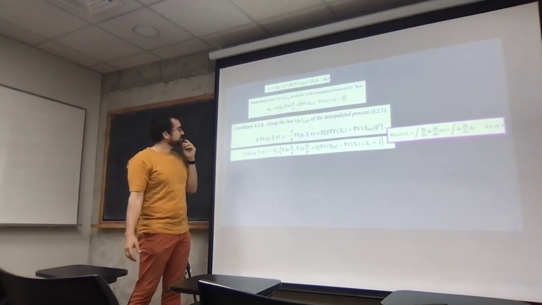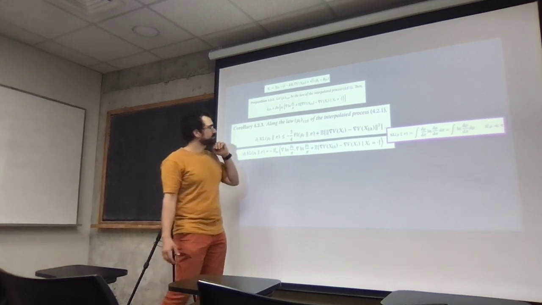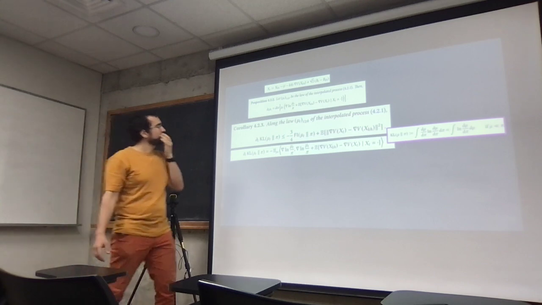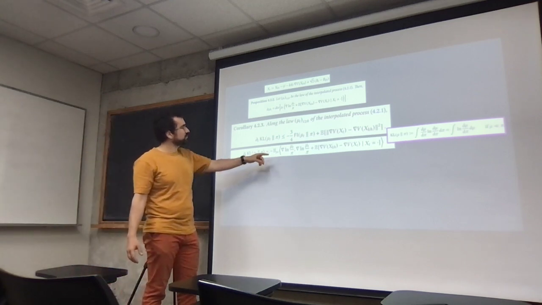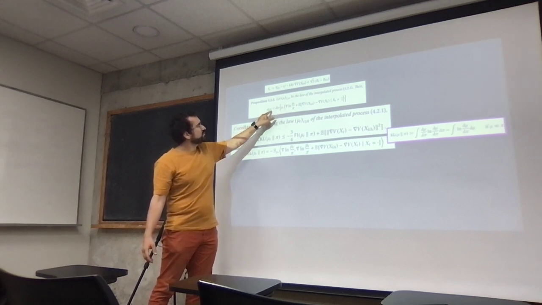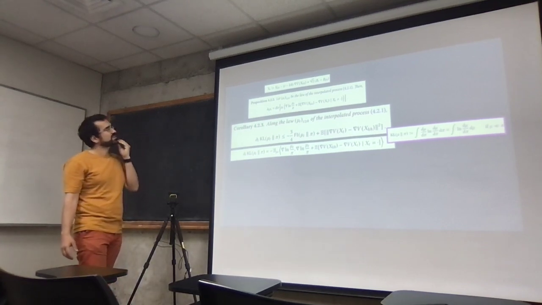Then I do normal differentiation, and in one part I have the partial derivative of mu entering when I integrate by parts.